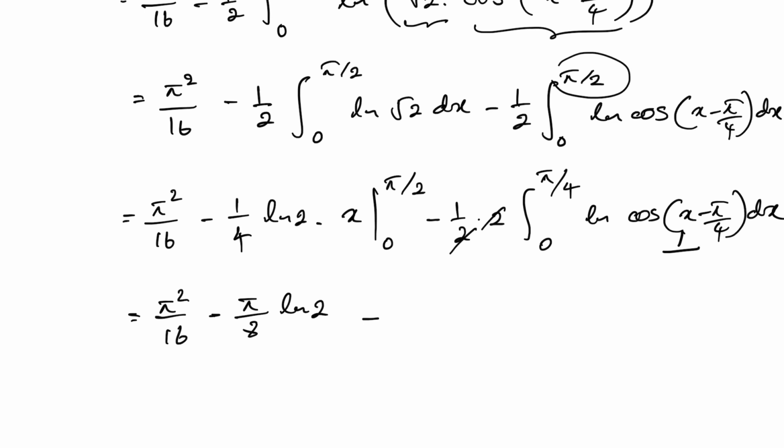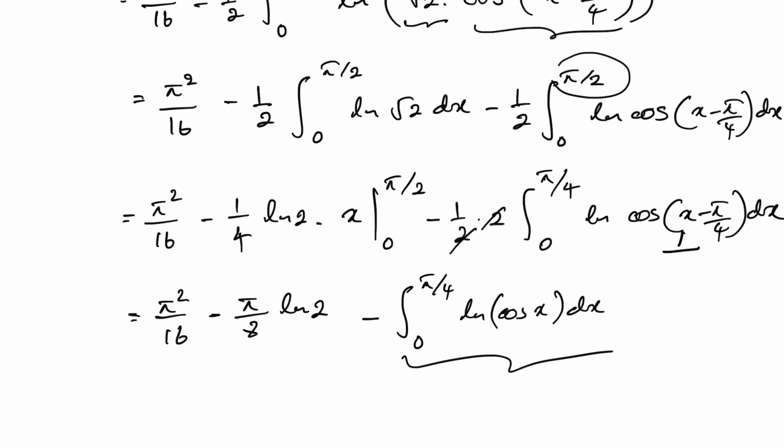Then we know pi over 4 gets cancelled. Cosine of minus x, we know cosine of minus x is equal to cosine of x. So we have integral from 0 to pi over 4 natural log of cosine of x dx.